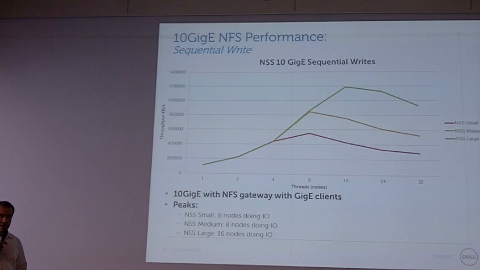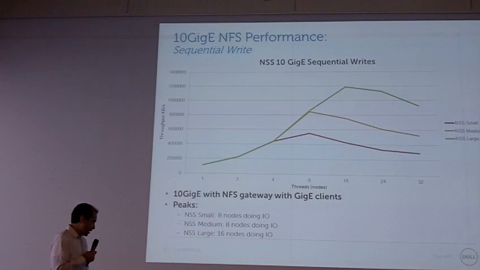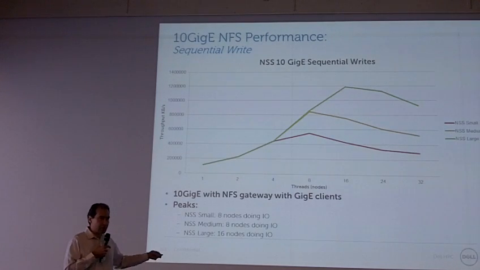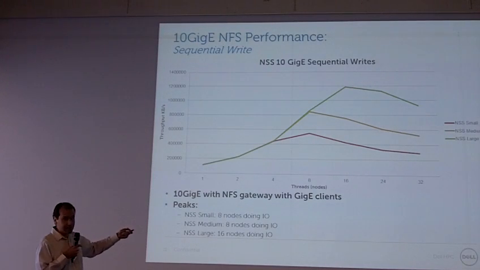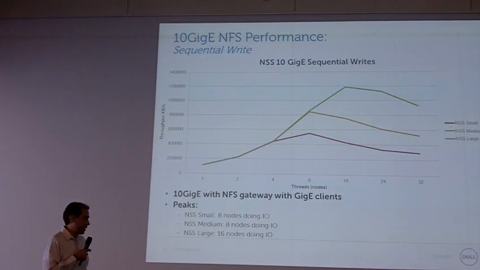Basically, we become disk seek bound as opposed to I/O bound after a certain point, because although each client is doing sequential I/O, when you look from the storage side, since there are so many clients doing sequential I/O, it becomes randomized and you become disk seek bound. And adding more spindles, of course, helps. So if you added more spindles, you would expect to have a straighter graph as opposed to a drop.